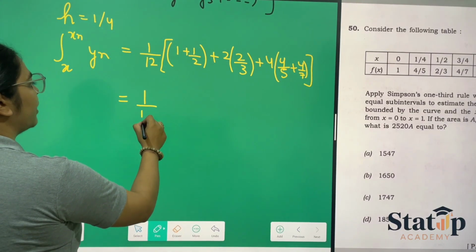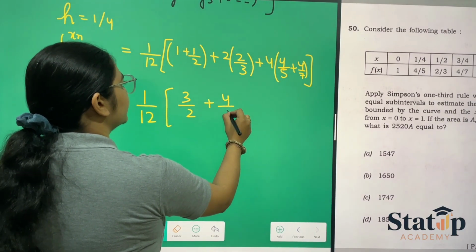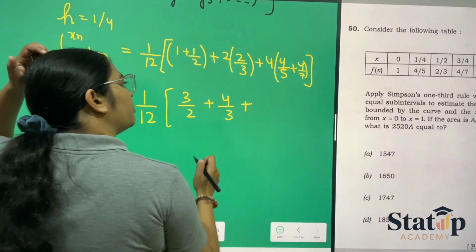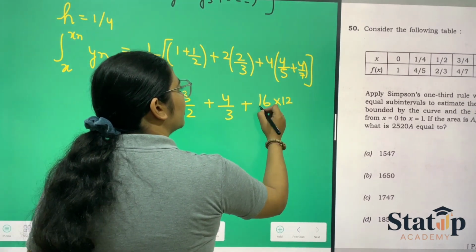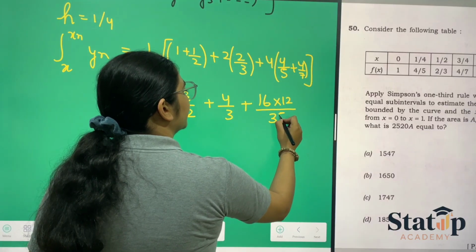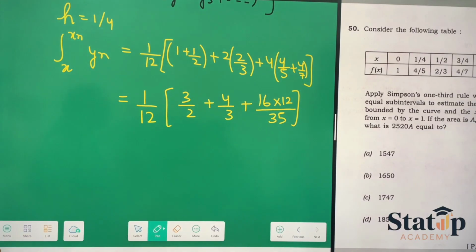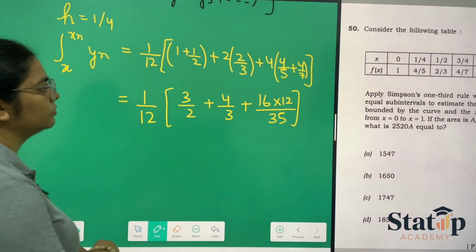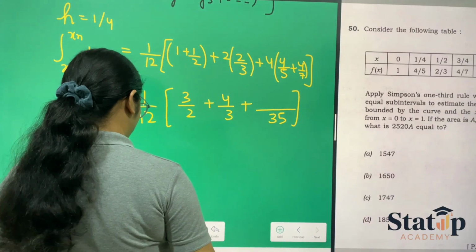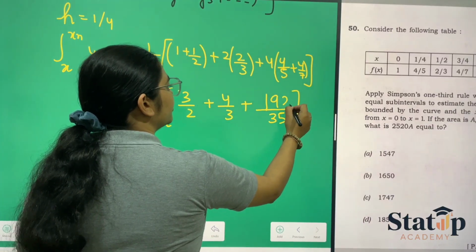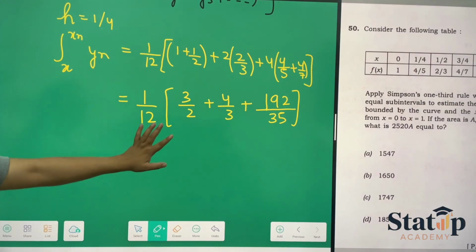So it will be 1 by 12 into 3 by 2 plus 4 by 3 plus, if we multiply it, 16 into 7 into 12 by 35, 16 into 12 will be 192. This is the final answer, or this is the answer.